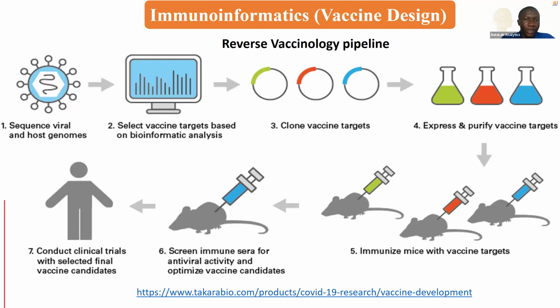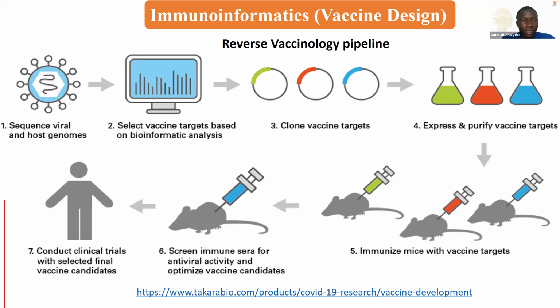But with the help of bioinformatics, we can use the reverse vaccinology approach to pick the candidate, something that we have seen maybe from literatures that would help in developing a candidate vaccine, looking at the viral genomes, especially.